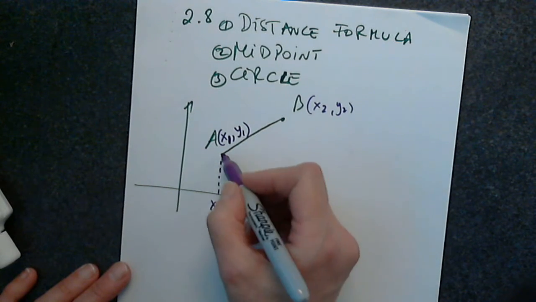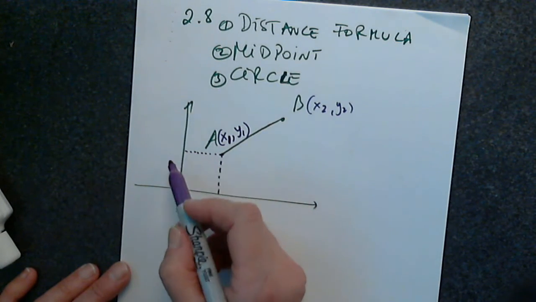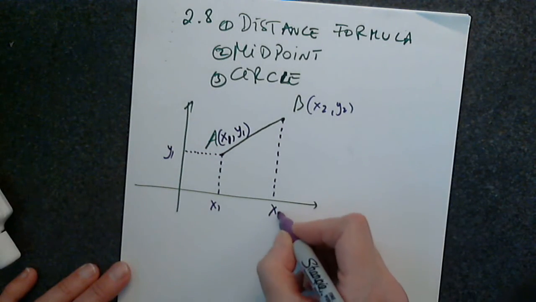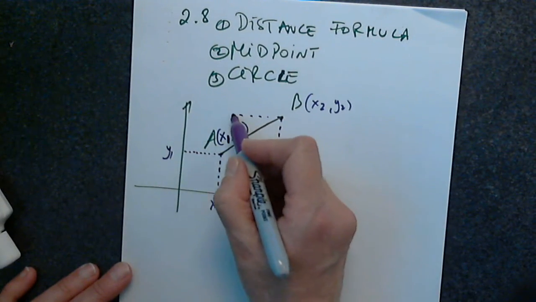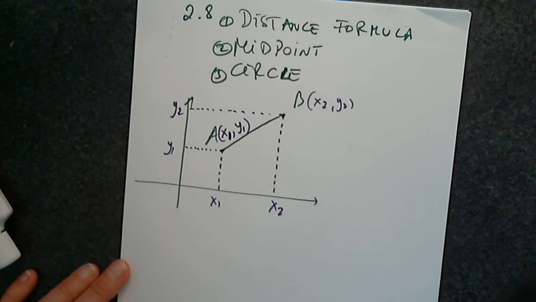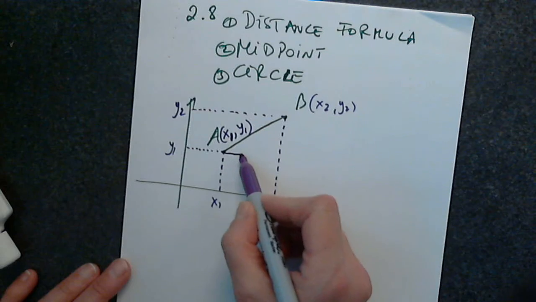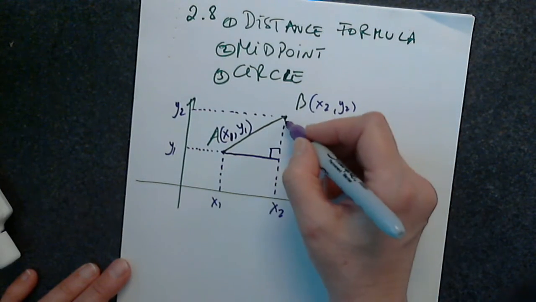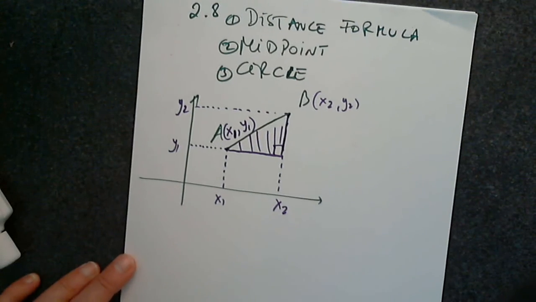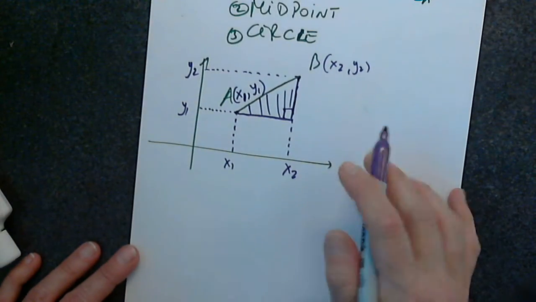Obviously, this is x1, and obviously this is what? Thank you very much. I forgot to ban you from answering. Good. So we will form a right triangle. And we would like to use the Pythagorean theorem.